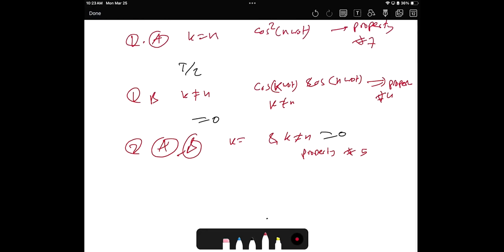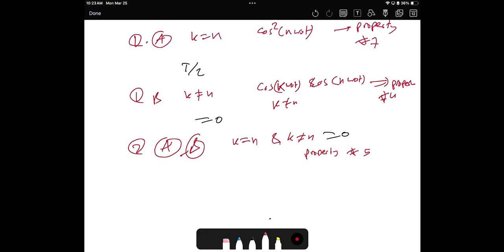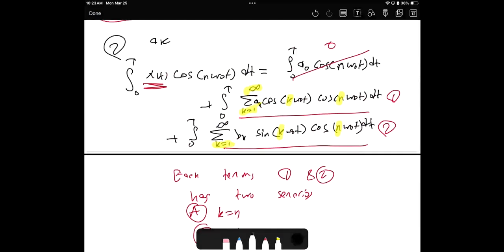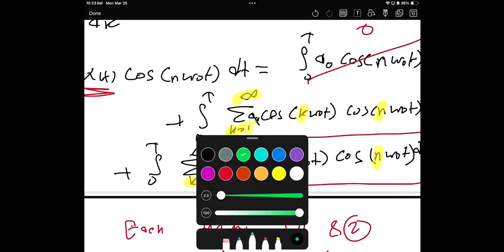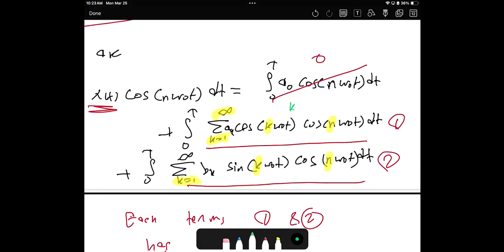Okay? As a result, let's substitute them. Here, when k equals m, this will be T over 2, and when k does not equal m, it is 0. Either way, this term will be 0, and this term will be only T over 2.